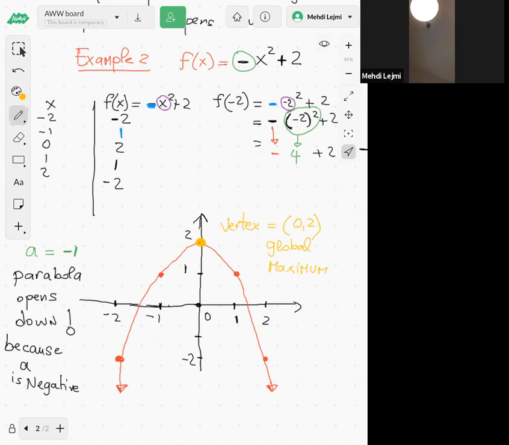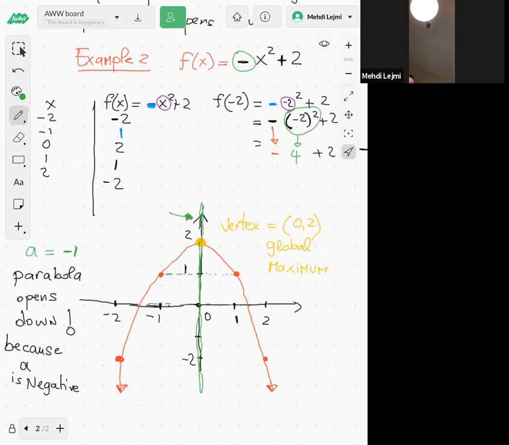All right. And again, we have a sort of symmetry about the y-axis. Here it's not because the graph is not really good, but we are supposed to have symmetry about the y-axis.